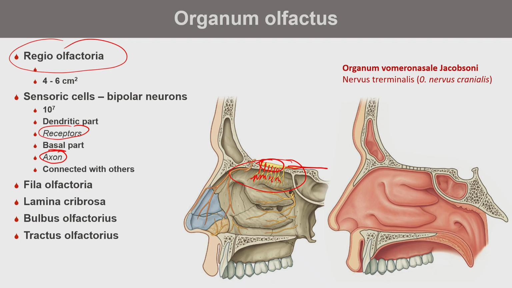A rudimentary system in our body, in our head, is something which is called organum vomeronasale Jacobsoni, so the Jacobson organ, which is connected to the zero cranial nerve called the terminal nerve. This terminal nerve is well developed in those animals using this organ, like horses, like snakes.